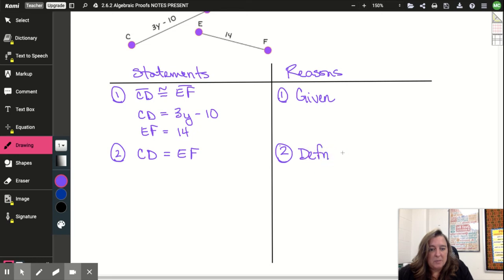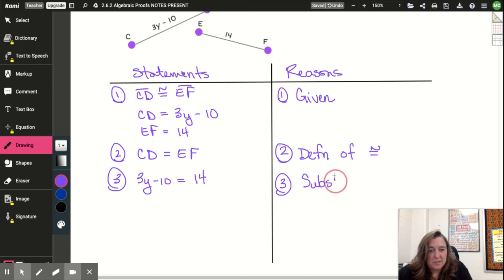So my reason would be definition of congruence. And again, I'm going to use abbreviations here. Okay, now where I can go from there. In my given information, I have that the length of CD is 3y minus 10, and the length of EF is 14. And the reason I can say that is because of the substitution property.